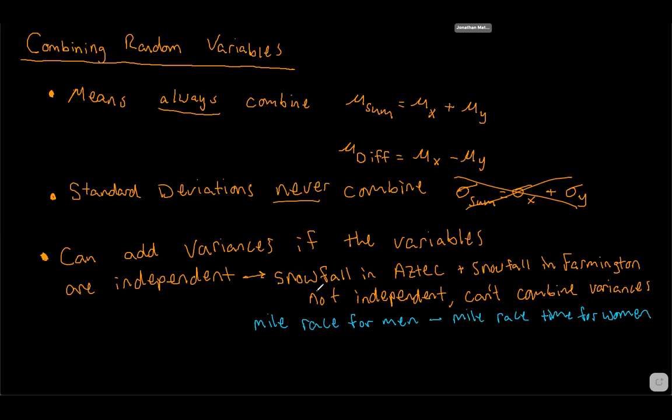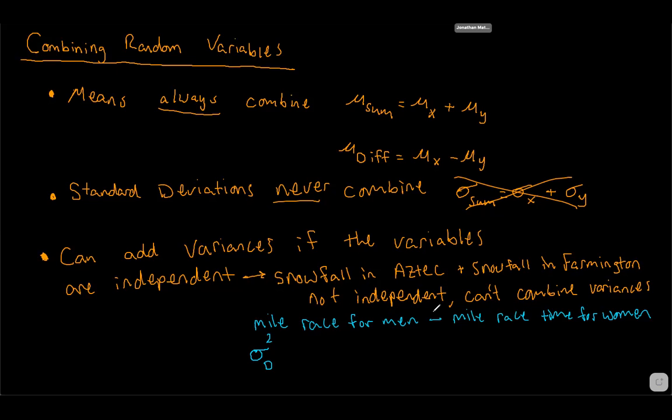In terms of variances, this is something that's probably going to throw you off a little bit. The symbol for variance is the standard deviation squared. And I'm doing the difference this time, trying to subtract these two values. And these are independent. Knowing that some guy ran a mile in like 5.5 minutes is not going to affect the time that the woman finishes the race.